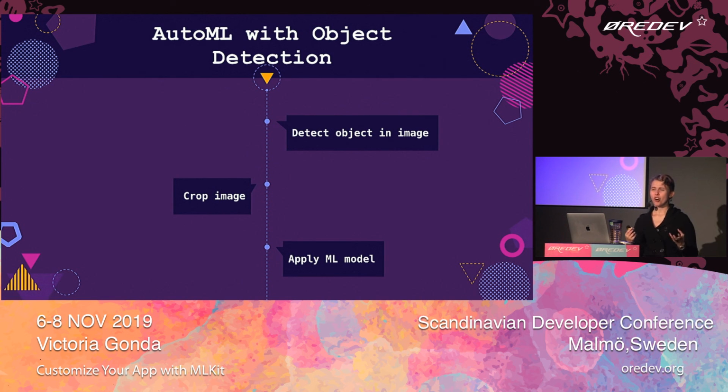Sometimes it can be really hard to train a really good model that works for different backgrounds, especially noisy backgrounds. With the object detection API, you can find and detect that prominent object that you're trying to label in your custom model. You can crop around that detected object, and then you can send that cropped image to your model, so it doesn't have to worry so much about background noise when you're training it and using it.